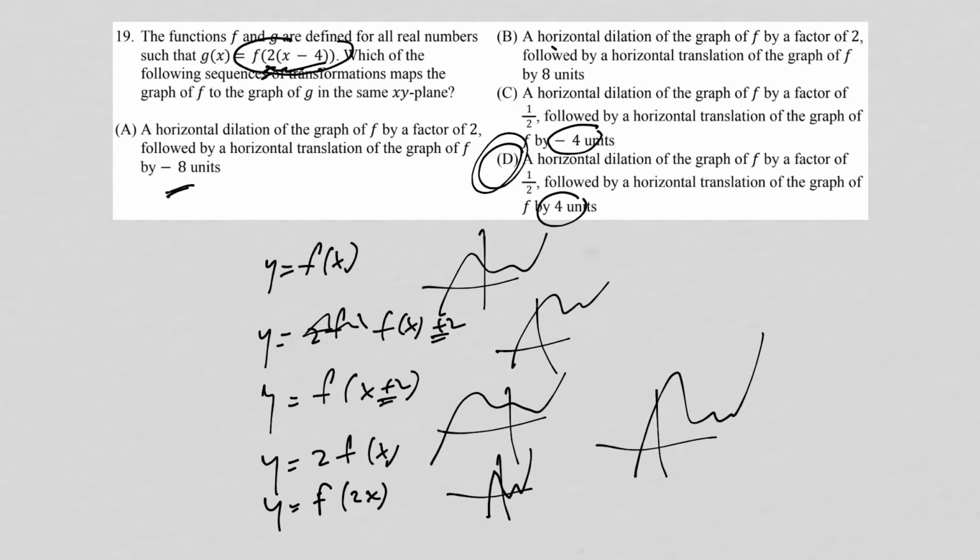They all say horizontal dilation by a factor, some say 2, some say 4. Dilation by a factor of a half, because this 2 actually smushes it. And then the horizontal translation of 4 units to the right, not to the left. And that's why that one is D.